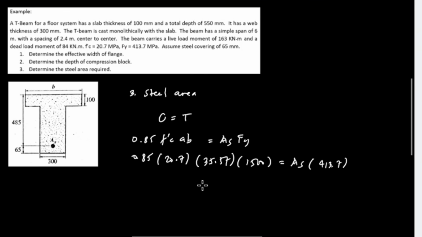And As is equal to 0.85 times 20.7 times 35.57 times 1,500, divided by 413.7, and the value for steel area is 2,269 millimeter squared. So this is the steel area required.